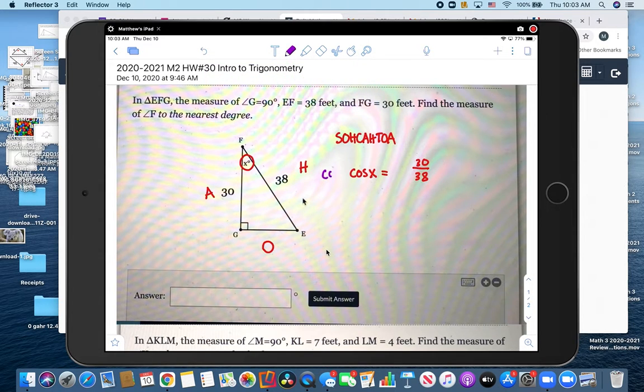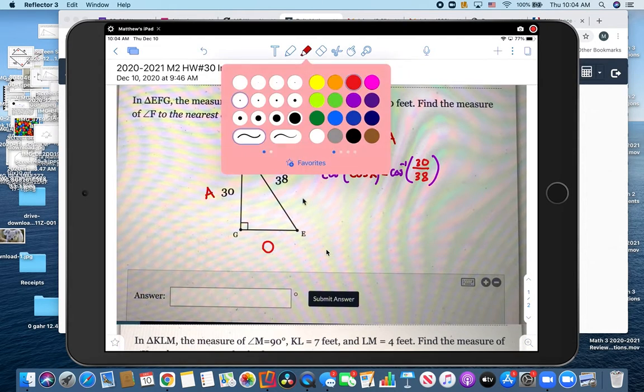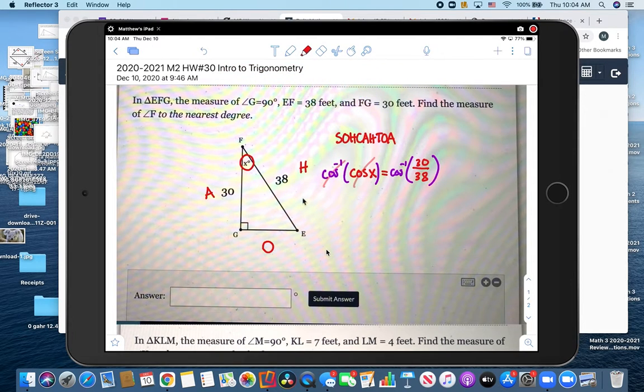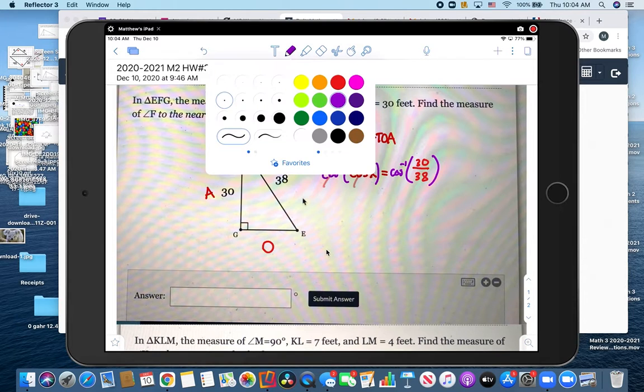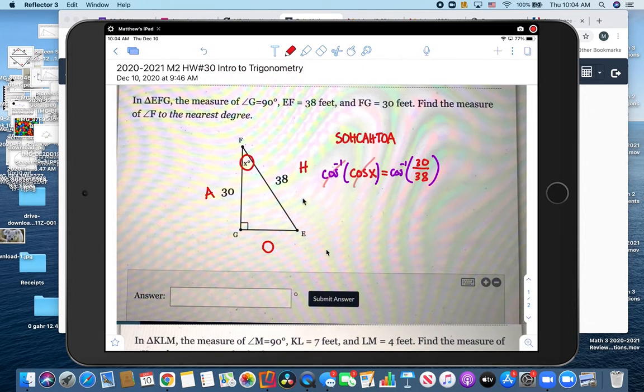So we're going to take the cosine inverse of both sides. And the reason you do that is so that this eliminates the cosine. So all we're left with is x is equal to cosine inverse of 30 over 38.